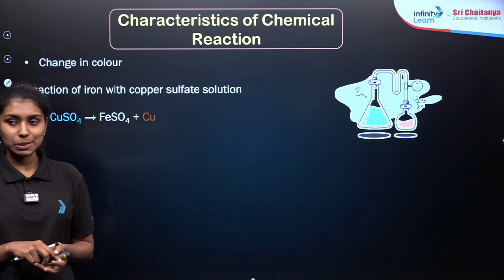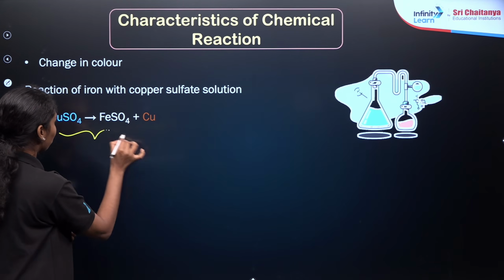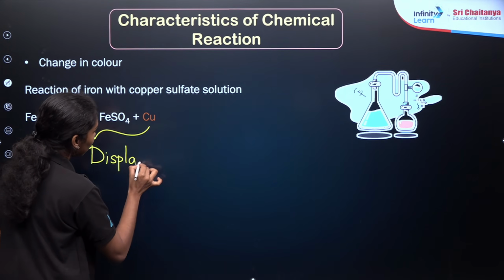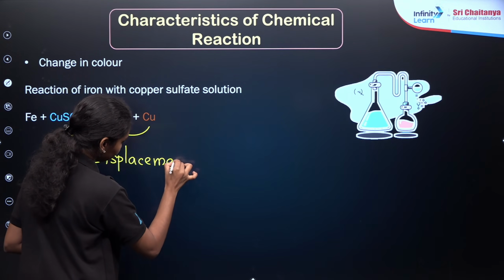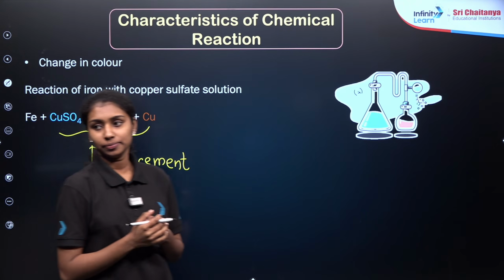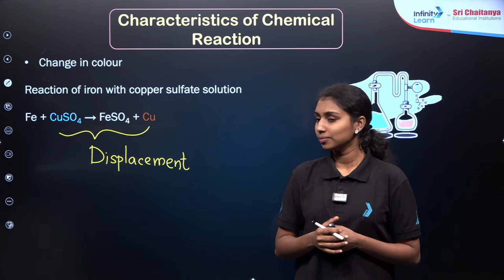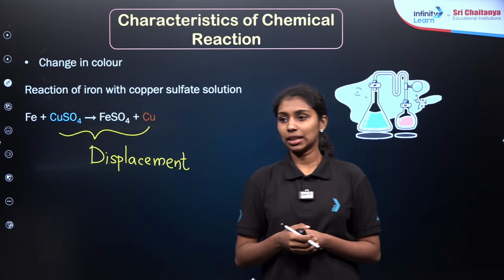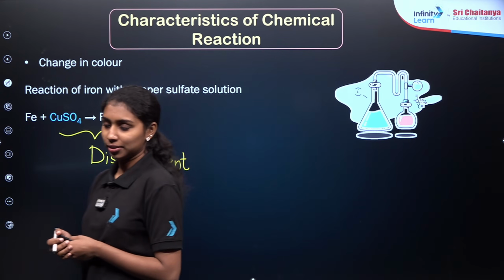As this is a displacement reaction, we are going to discuss the types of chemical reaction. So what you're observing here, which metal is displaced, iron or copper?